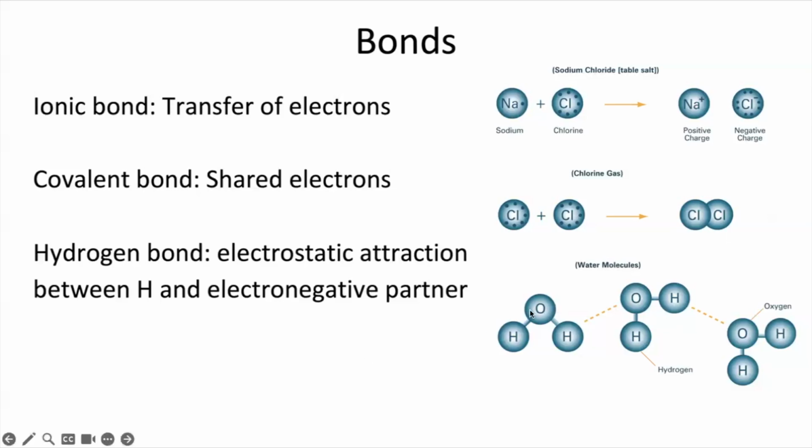We have 3 of them here. It's an oxygen and 2 hydrogens. Within this molecule, there's a sharing of electrons between the oxygen and the hydrogen and the oxygen and the hydrogen. So the sharing of electrons, again, covalent bond, very strong. So within that molecule, you have these 2 covalent bonds holding together the oxygen and the 2 hydrogens.